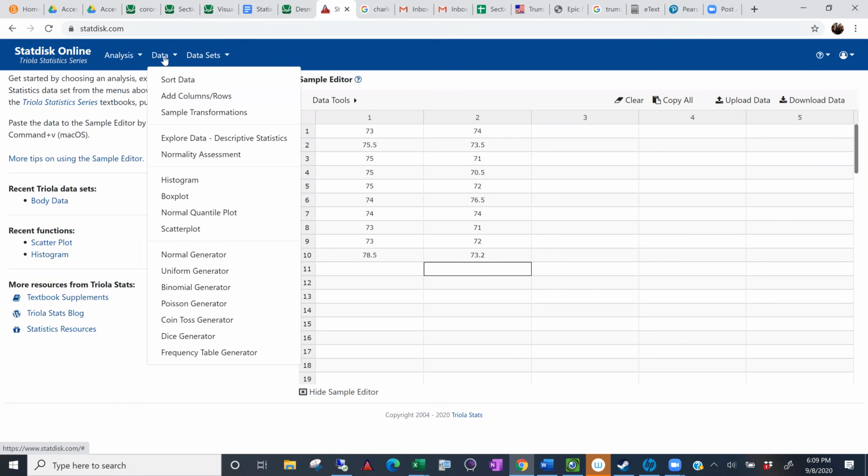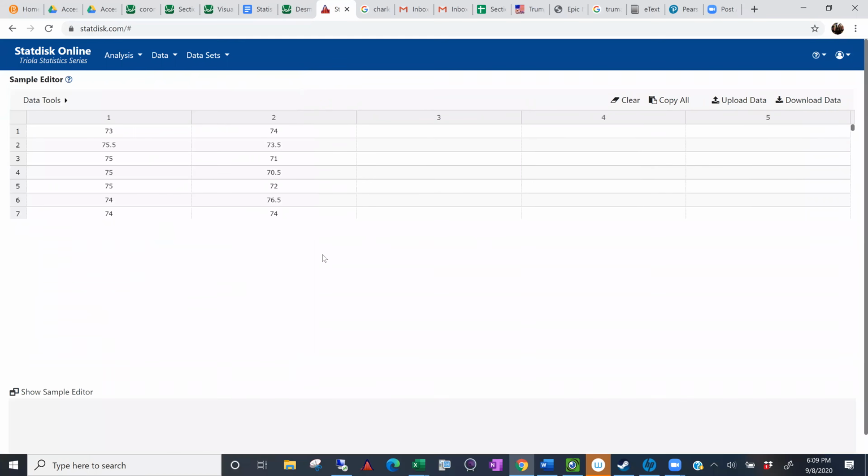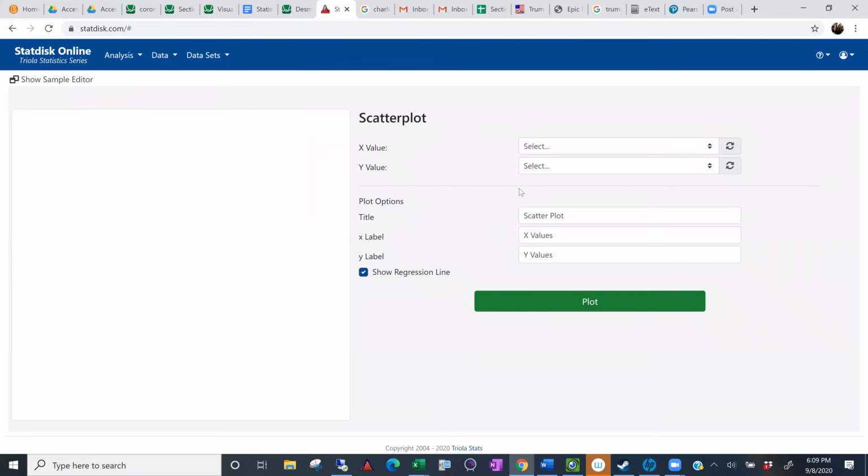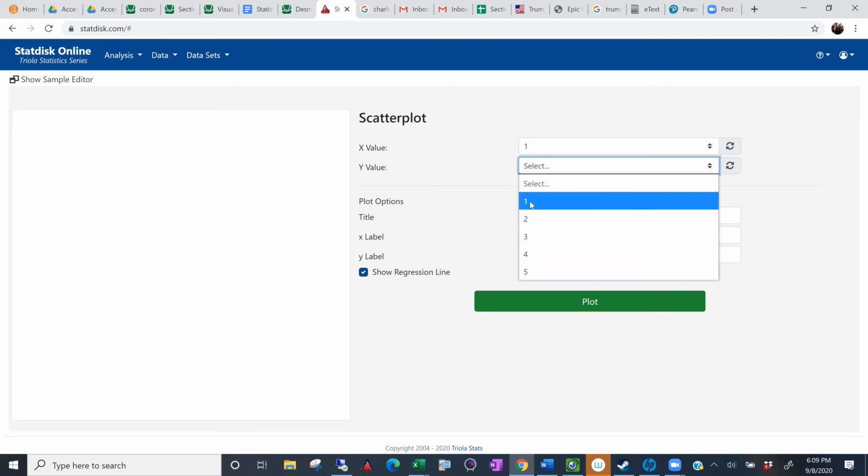Go underneath the data tab and then go to Scatterplot and we'll click that. That should open up a new menu-driven program to help us create our scatter plot. It should look like this. Now the first thing you have to do is tell it where your data is. X values in column 1, Y values in column 2.